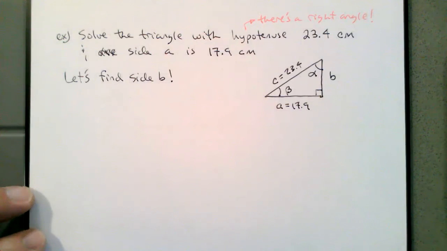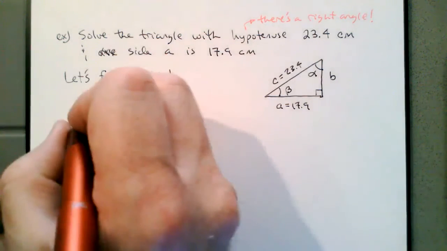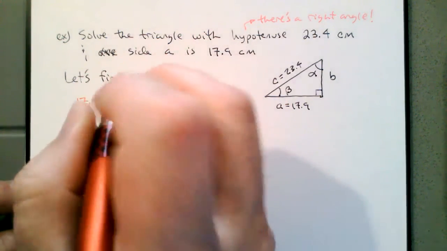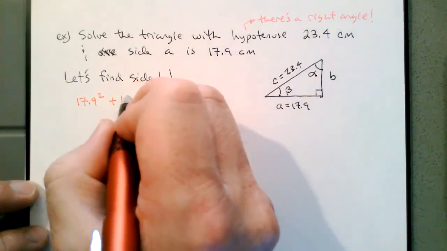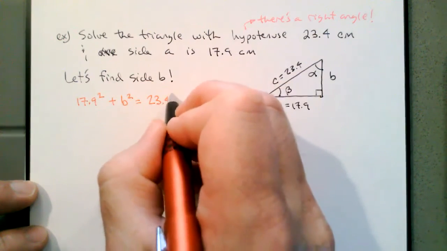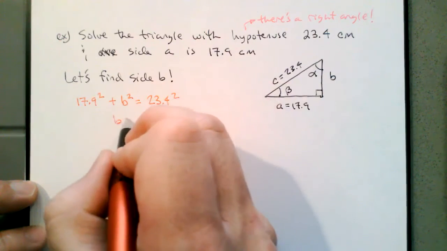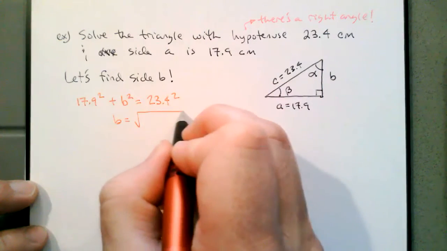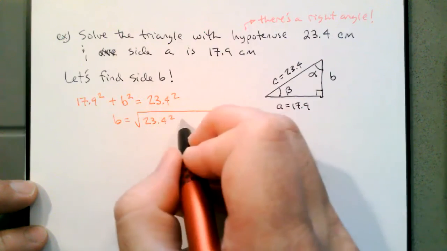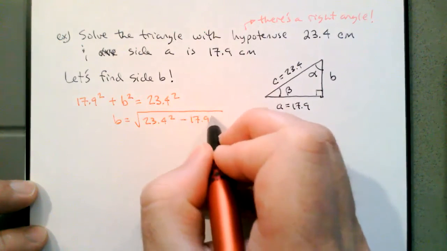So I'm going to use the Pythagorean theorem to find side B. So I'm going to say A squared plus B squared is C squared. So B is going to be the square root of 23.4 squared minus 17.9 squared.